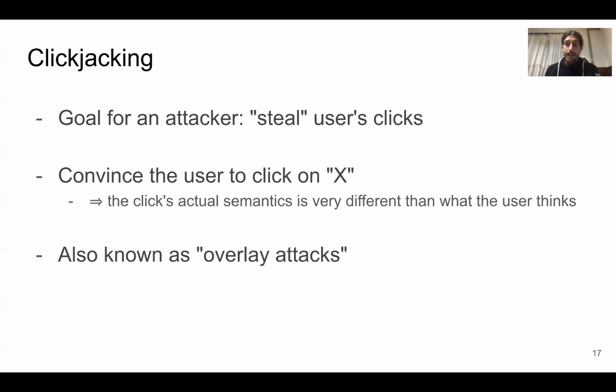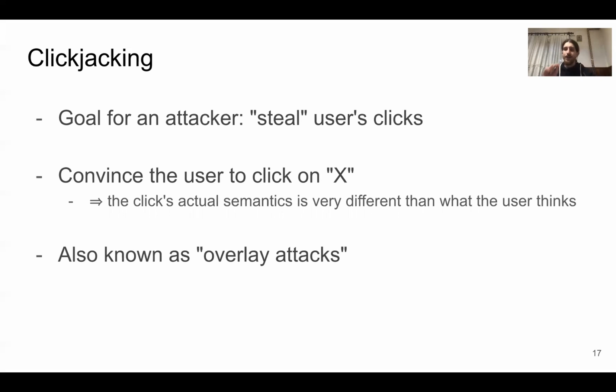So the goal for an attacker in a clickjacking attack is to steal a user click. To rephrase, we want to convince the user to click on a button or a place, and the problem is that the click's actual semantic is very different from what the user thinks.